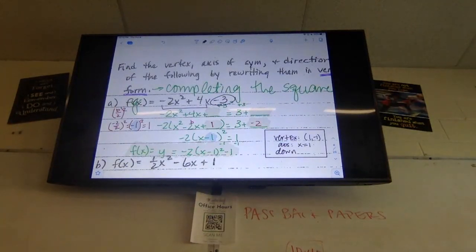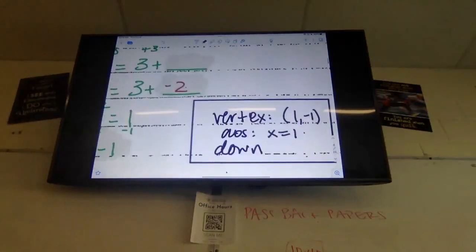I'd have to do it and see if it matches this. Or you can do it on your own. You can divide everything by -2 and see if you get the same thing as what we get. But I don't want to make any definitive statements on that today. Yeah, Max. What does it say under vertex? It says AOS, axis of symmetry.